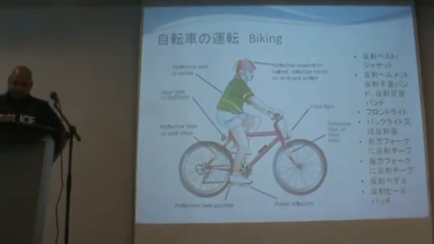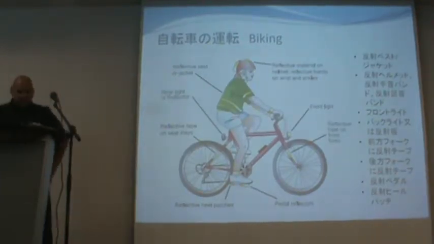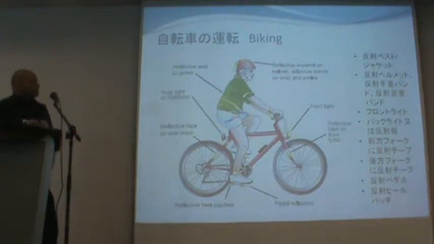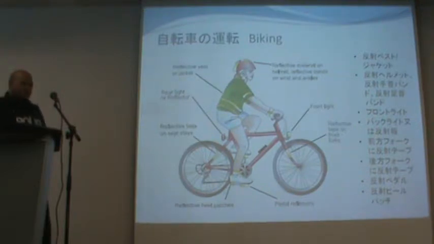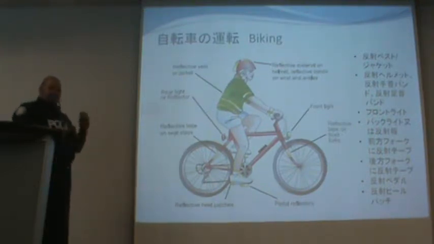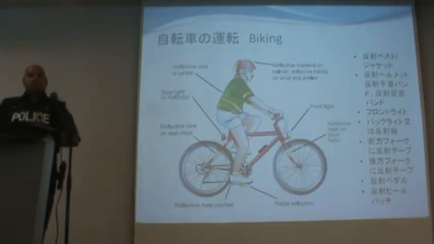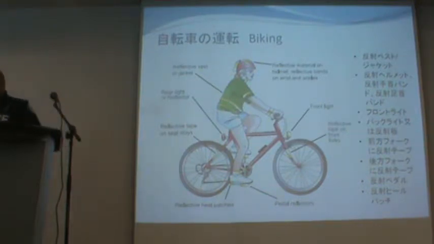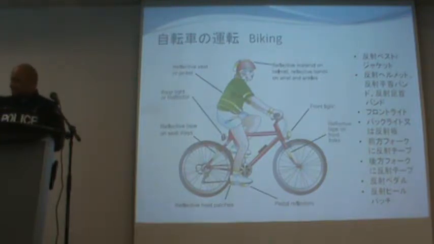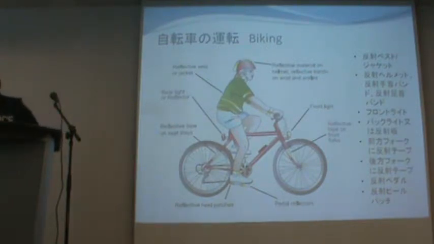What you're required to have on your bike at night is a light to the front, and a red light on the back, either solid or flashing. You also need a bell or a horn of some sort.